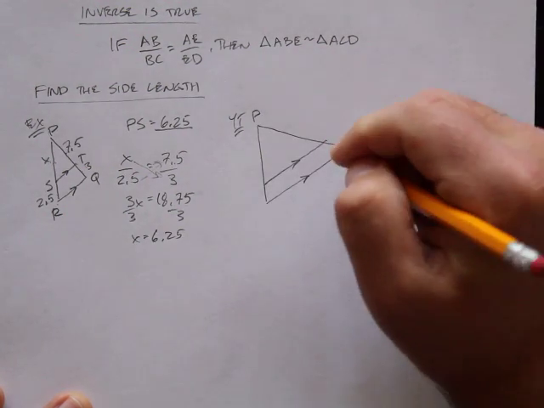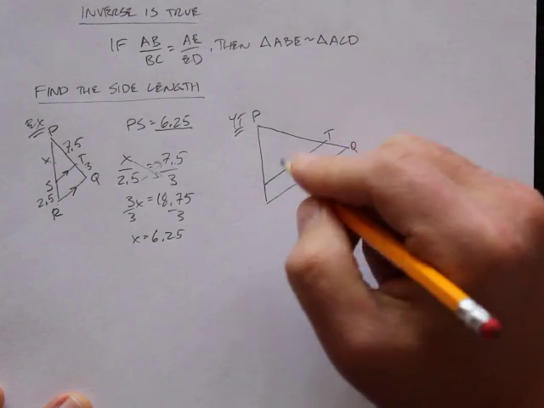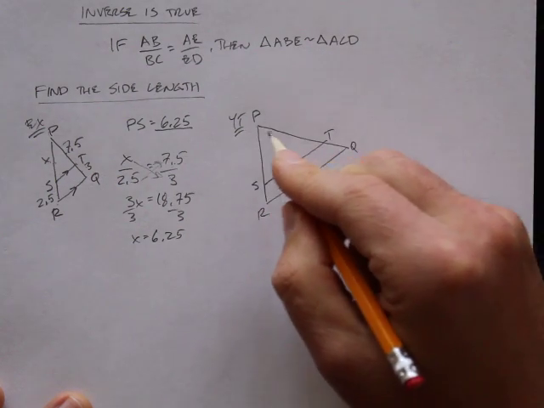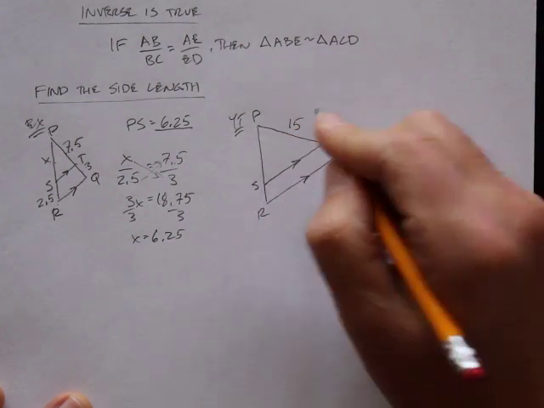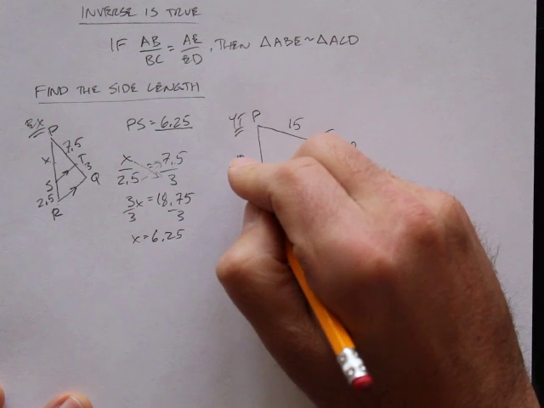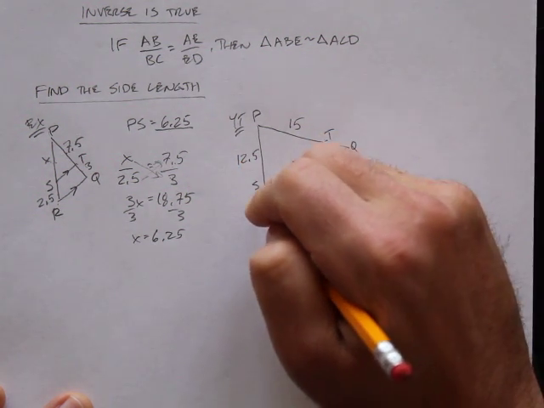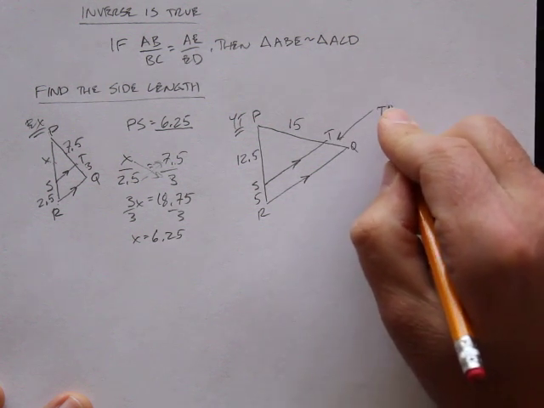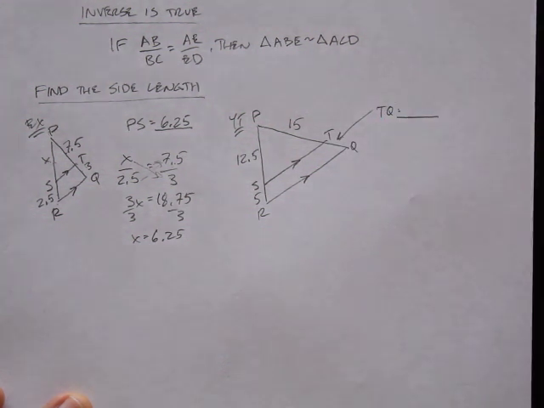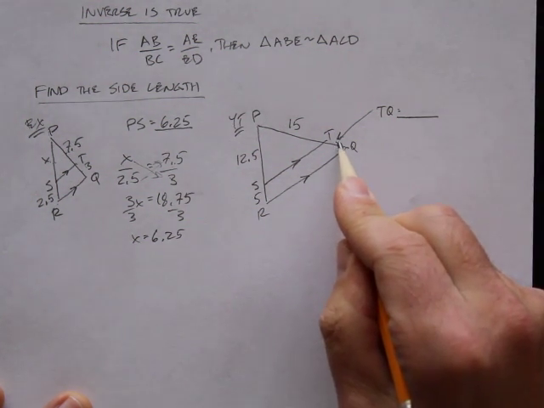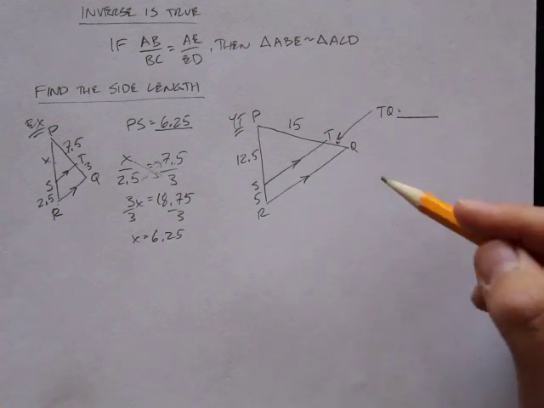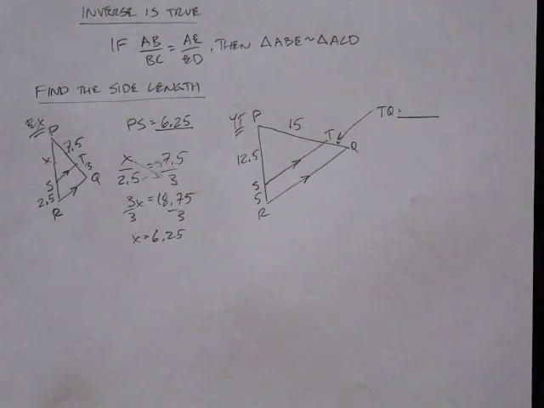We're going to label this the same way, P, T, Q, R, S. Now this time PT is 15, PS is 12.5, SR is 5, and I want to know what is TQ. You might want to call this x or y or a something like that, so that when you set up your ratio, you've got a variable to solve for. Okay, go.